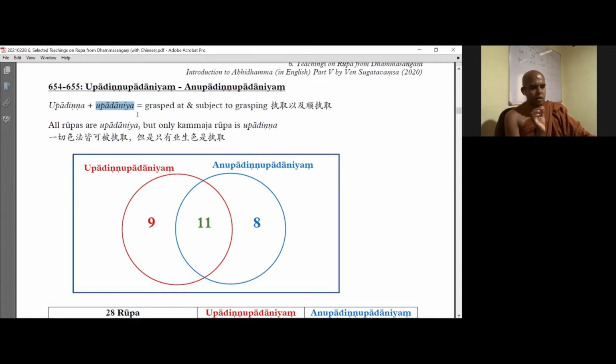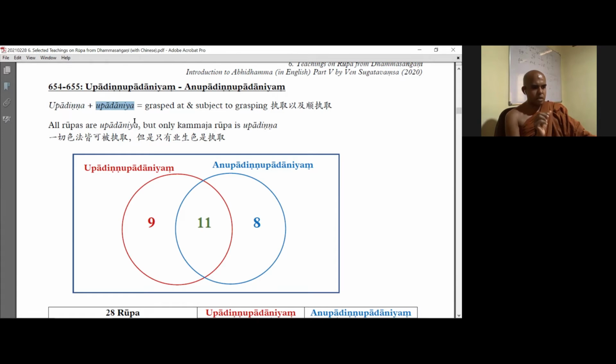Actually, upadaniya means all rupa are upadaniya. All rupa is subject to the grasping. All rupa is called upadaniya. But those rupa, we make into two groups.